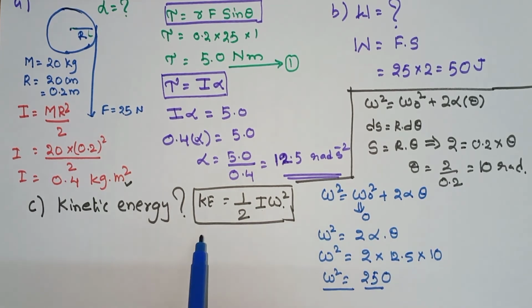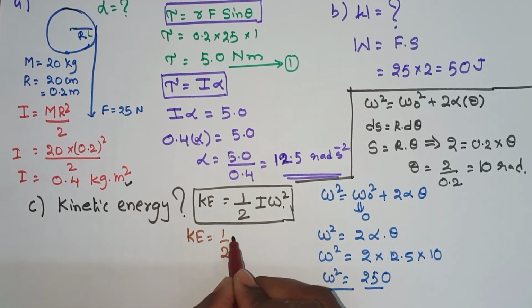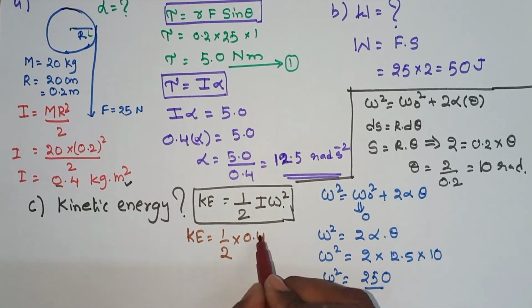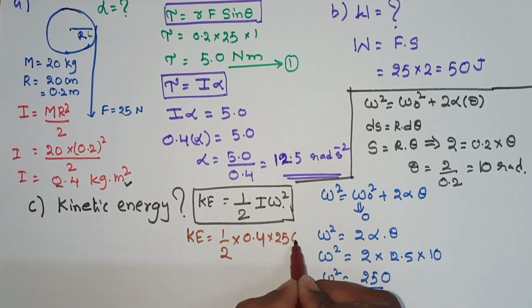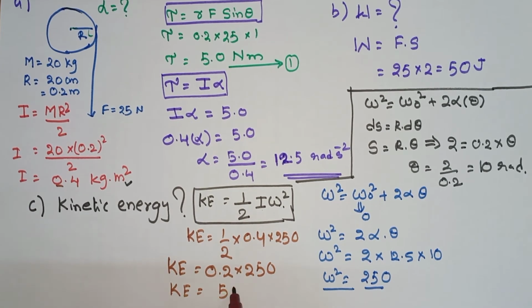Now what is kinetic energy? Again here we have to write and calculate kinetic energy. Kinetic energy is equal to half into I 0.4, omega square 250. Kinetic energy is equal to 0.2 into 250, right? Kinetic energy is again 50 joules.